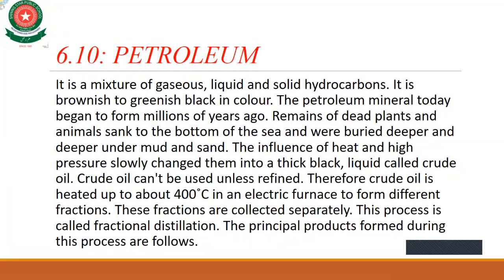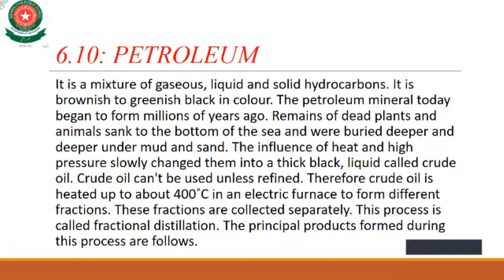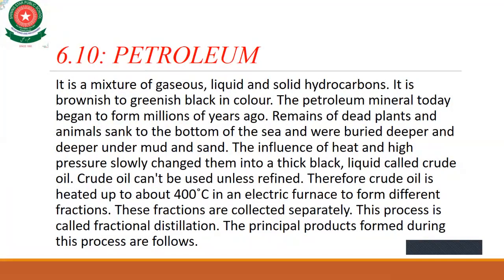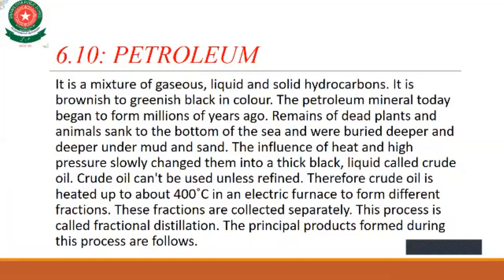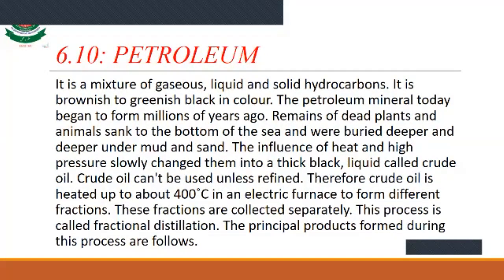Therefore, crude oil is heated up to about 400 degrees Celsius in an electric furnace to form different fractions. This crude oil goes through different processes, refined at 400 degrees Celsius to form different fractions.